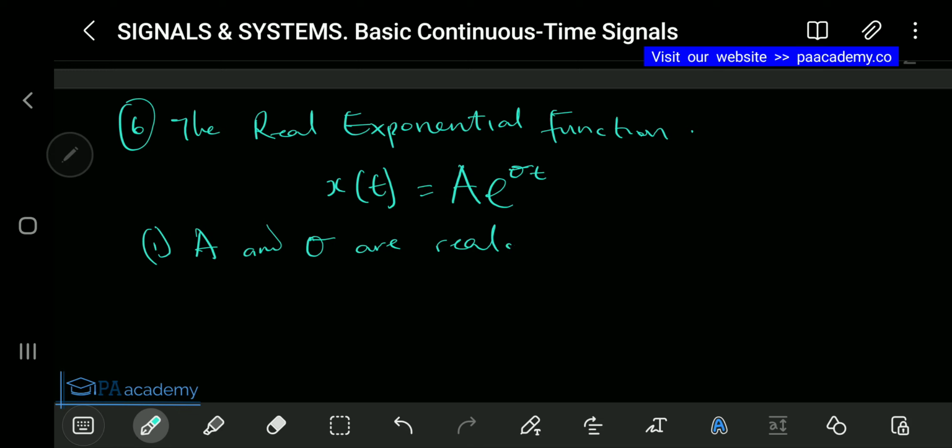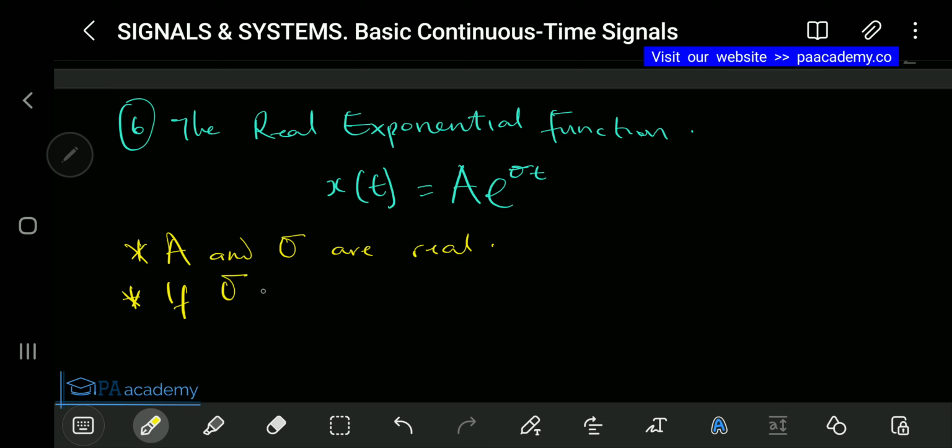Another thing you need to note is, if sigma is positive, that means this value that we're having here, if it is positive, we can conclude that our x of t is a growing exponential signal.